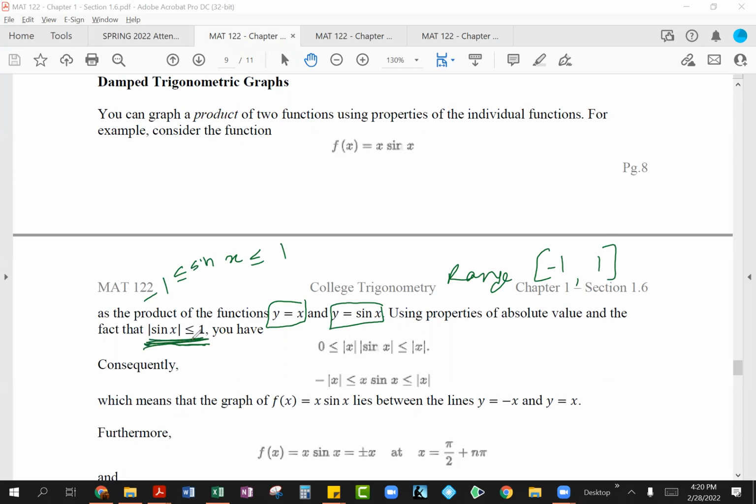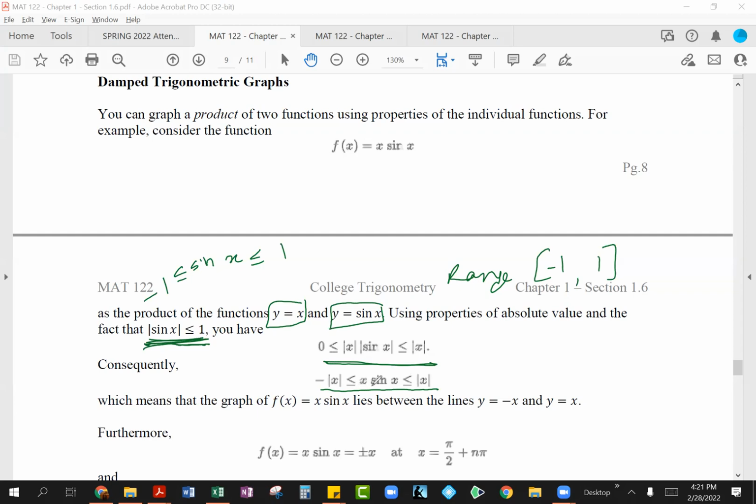So they're saying if we transfer this over with the x times sine of x function, this is what that inequality will end up looking like, because you're taking that factor of x and multiplying it on all sides. And again, if you clean that up, it's going to rearrange to this format here.